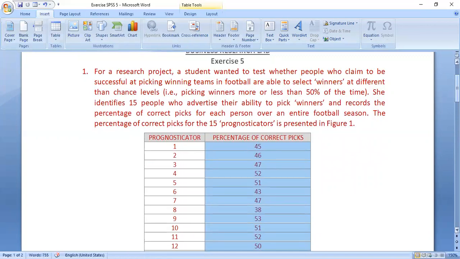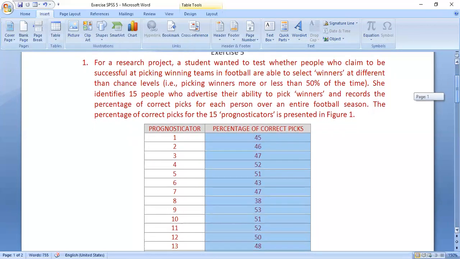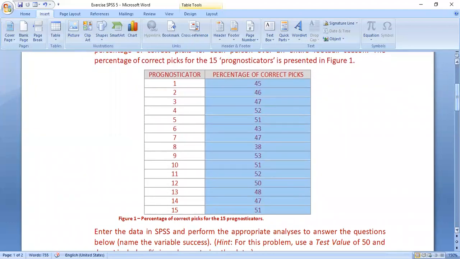So population mean is 50%. Sample mean, we have got the data for 15 prognosticators, but then we have to see whether it is significantly different from 50%. That is either quite low compared to 50% or far higher than 50%. So that is what we have to do here in this question.